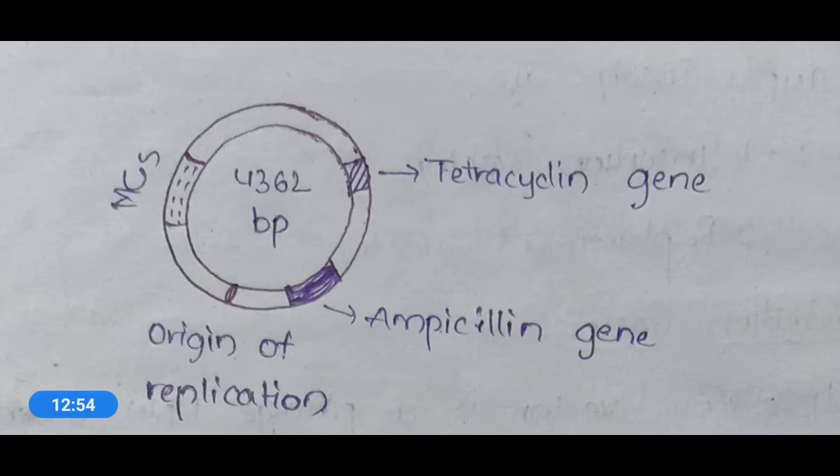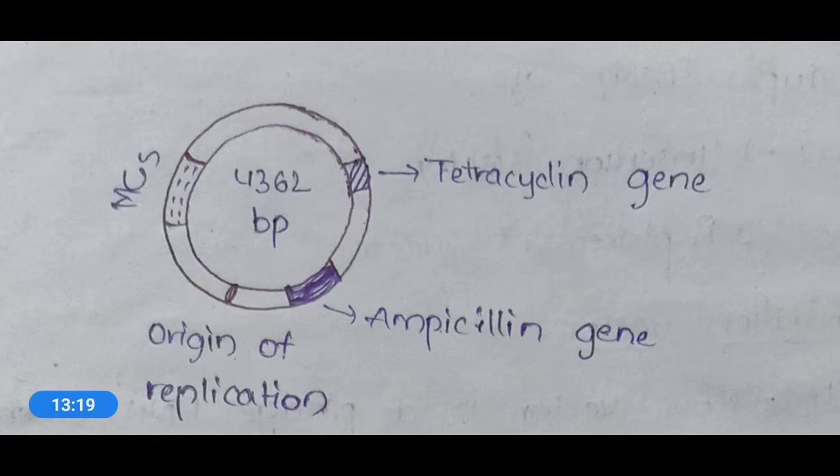Coming to this particular pBR322, it is an artificial plasmid. Artificial plasmid means it is artificially constructed. Genetic engineering is all about manipulation.